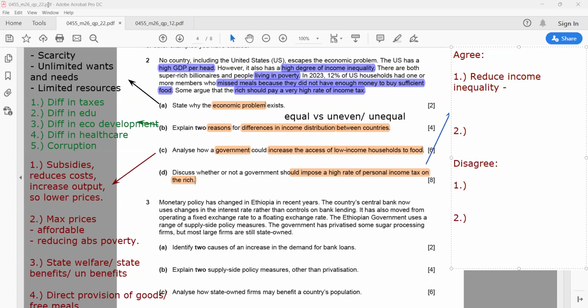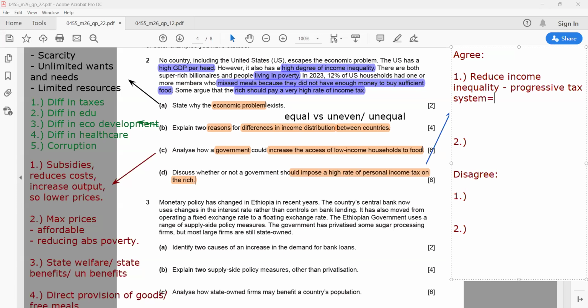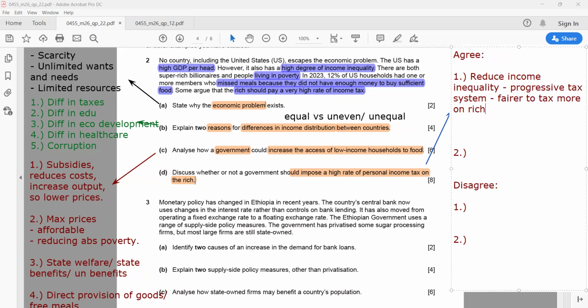Progressive. Yes, and I can see Siobhan gave me another answer. Increasing tax revenue also can. Okay, so first one, you can say this will reduce income inequality because it's a progressive tax system. So it's fairer to tax more on the rich.